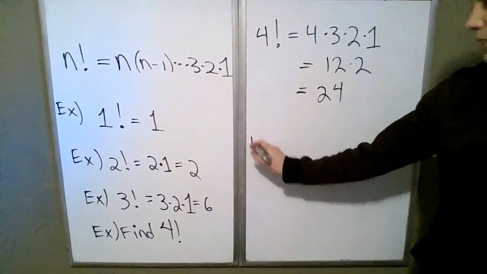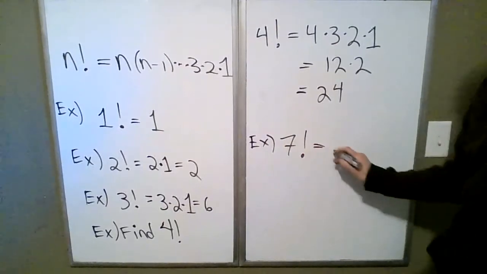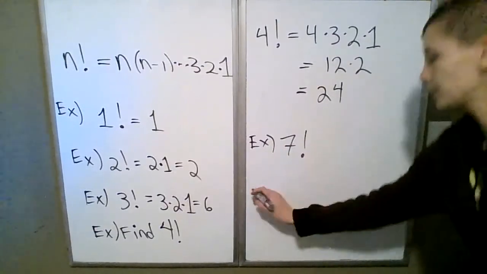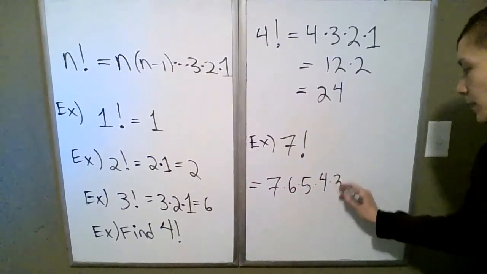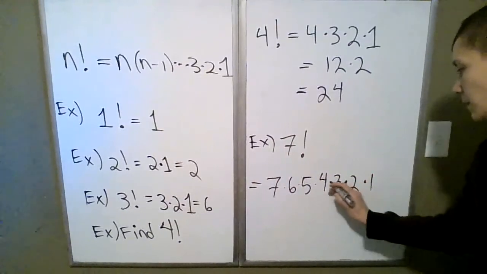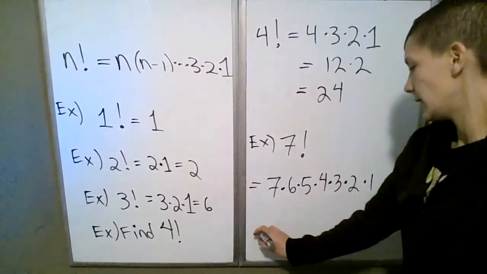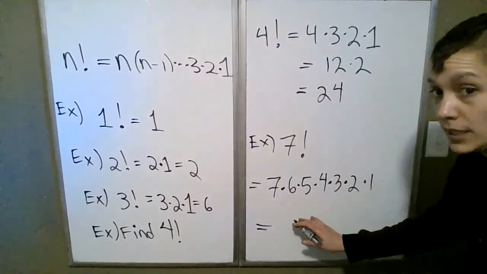All right, let's go to 7 factorial. It is 7 times 6 times 5, all the way down until you get to 1. And I got 5,040.